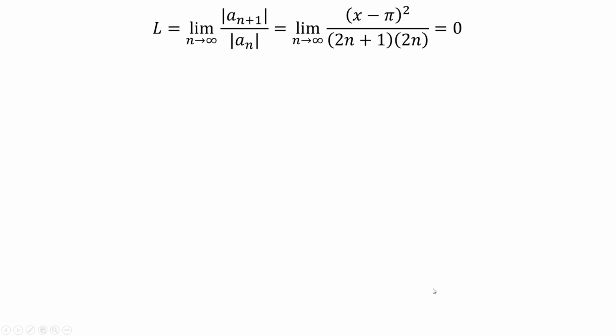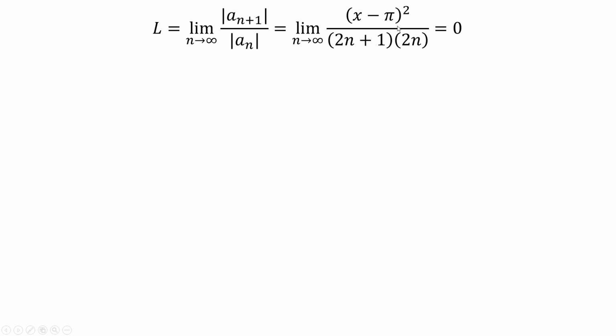We now go on to actually calculate this limit. So we have the term that we're going to put in our limit, and the term is (x minus pi) squared over (2n plus 1) times 2n. And this limit is equal to 0, because if we only look at the n's, this part at the top is constant.